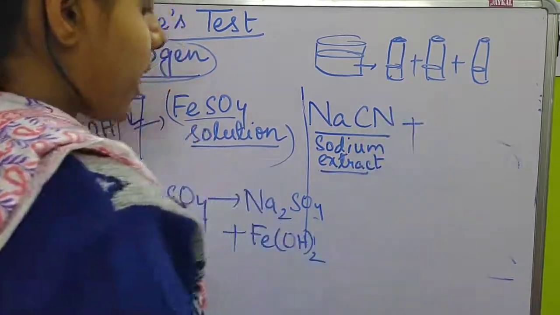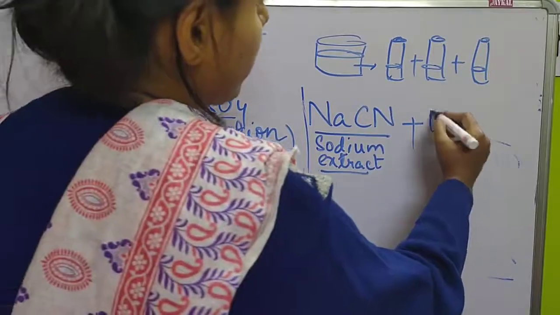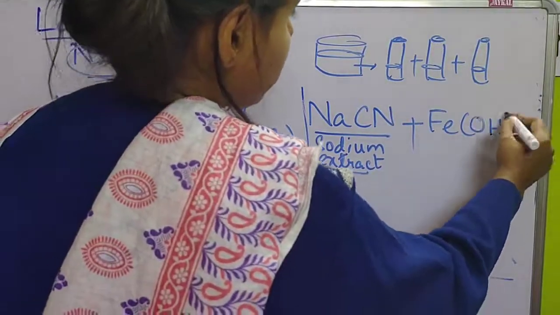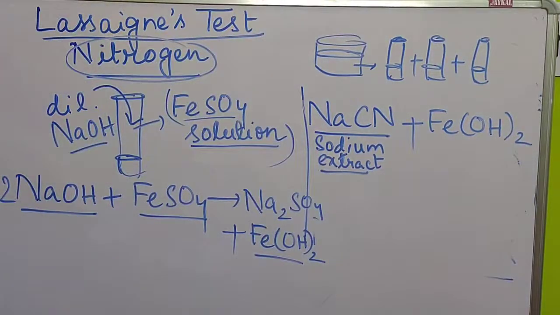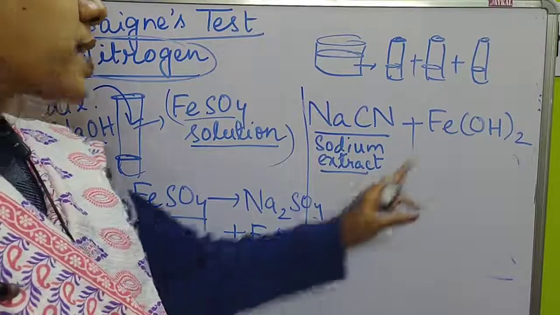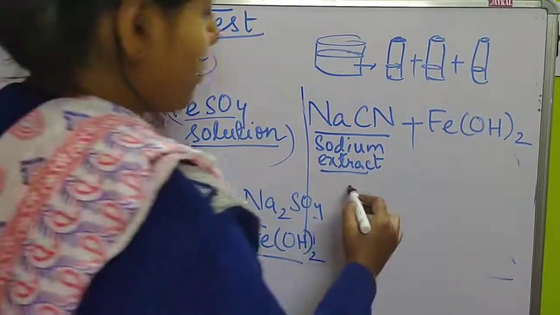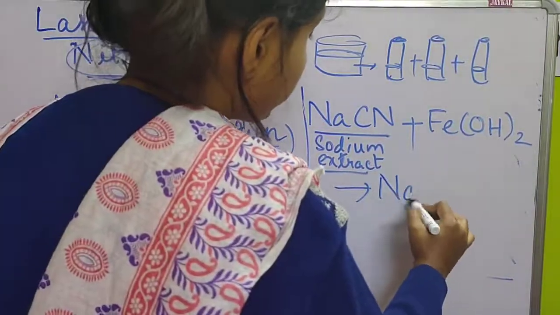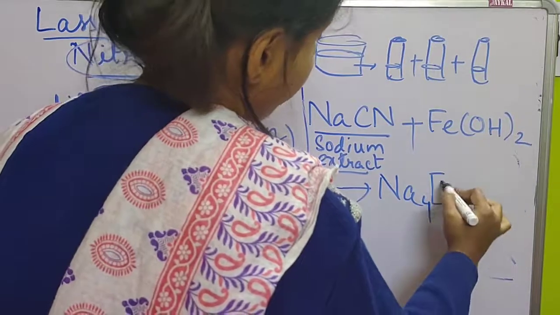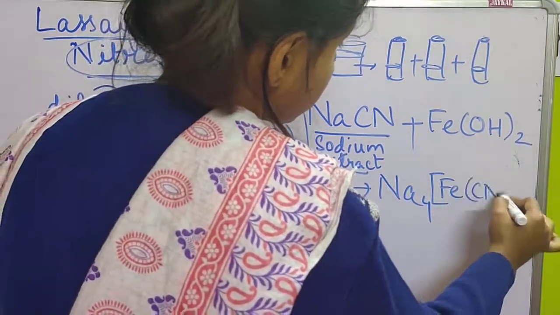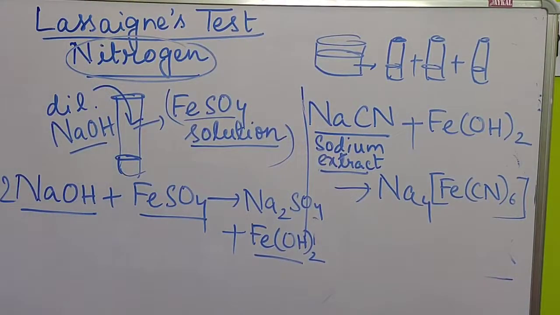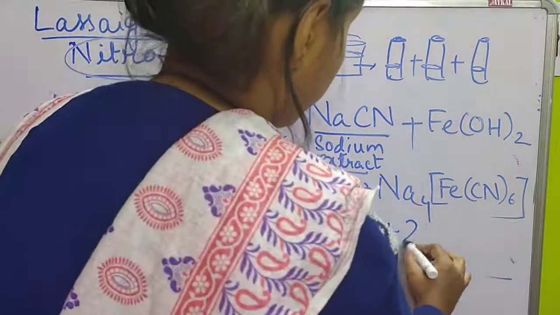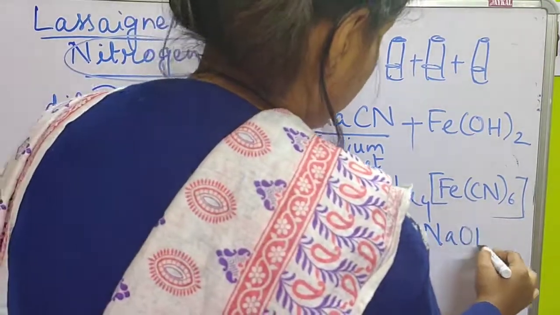So this sodium cyanide now will react with ferrous hydroxide and it will form sodium ferrocyanide, Na4Fe(CN)6, along with 2 NaOH.